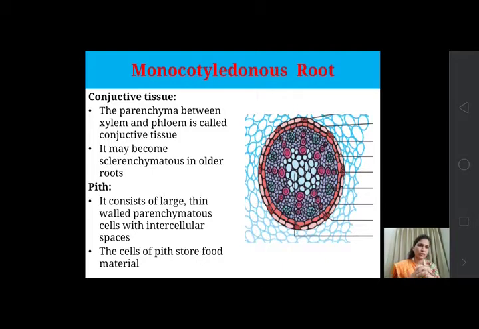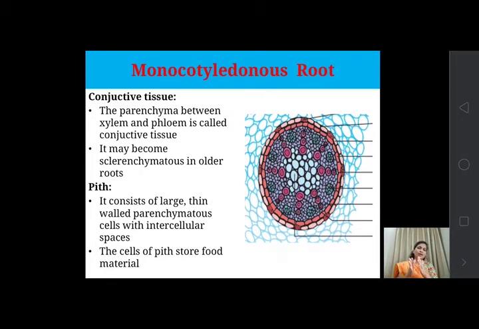Okay, so this conjunctive tissue, that is the parenchyma which is present between the xylem and phloem, is called conjunctive tissue. So the remaining part which you can see in the figure, other than the xylem and the phloem, is made up of thin walled parenchymatous cells, and these thin walled parenchymatous cells which are present in between the xylem and phloem are known as the conjunctive tissue.